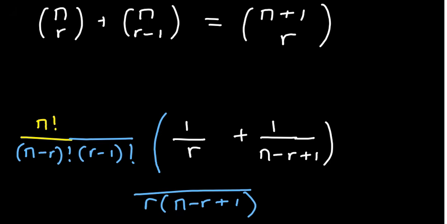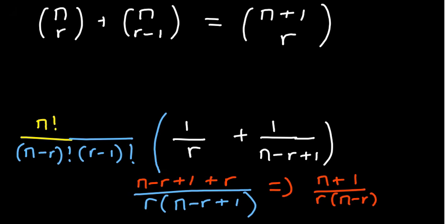Okay, so what's standing out on top? So r into this, we just get n minus r plus 1, and then if you divide that, you get r, so plus r. So you're noticing that on top the r will cancel out, so that you remain with n plus 1 over r, and then multiply by n minus r plus 1.